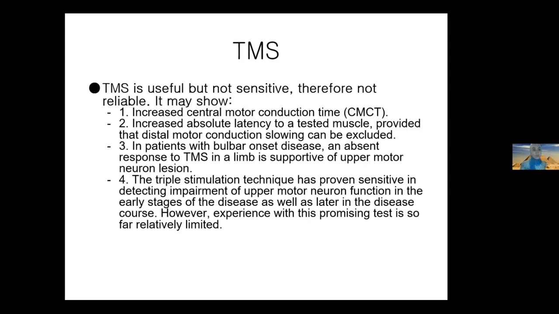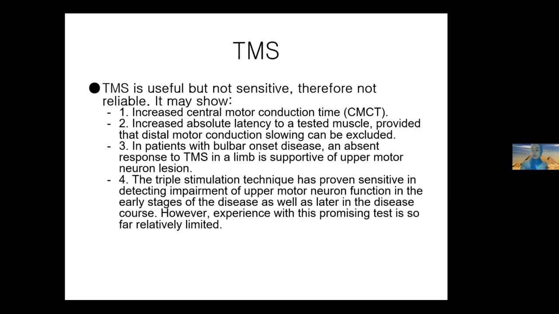This is a way of diagnosing upper motor neuron lesions. I can also find increased absolute latency to a distal muscle if I know that distal motor conduction slowing is excluded. And sometimes, even in patients with bulbar onset, an absent response of transcranial stimulation to a limb is supportive of upper motor neuron lesion.